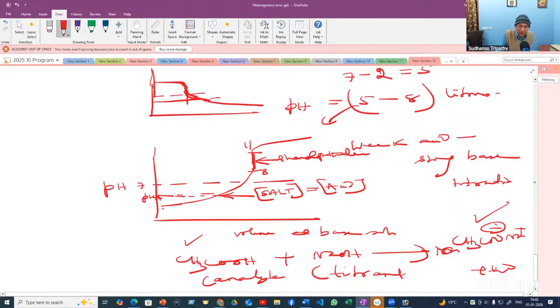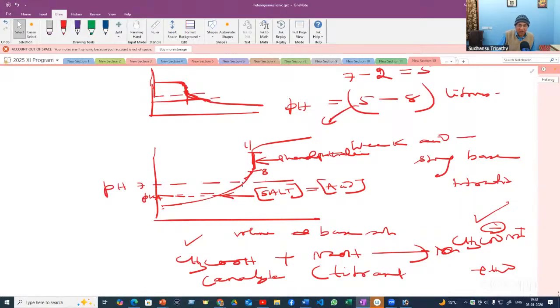And during this stage, still it is a buffer, but the pH will exceed 7. A trace quantity of unreacted weak acid is there, which means it is a buffer. But it has exceeded 7. You can calculate.